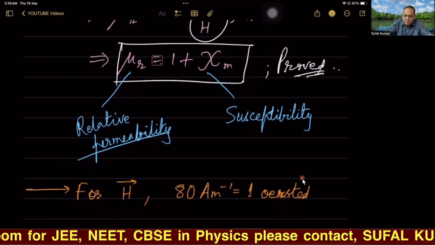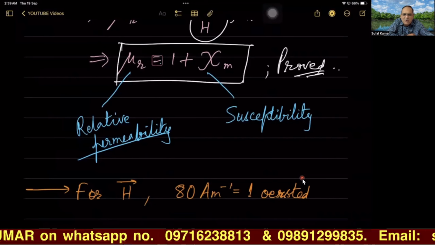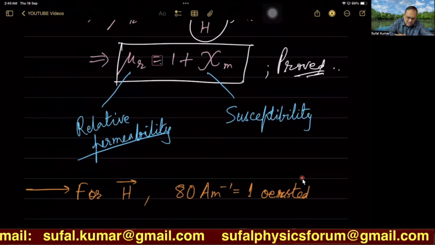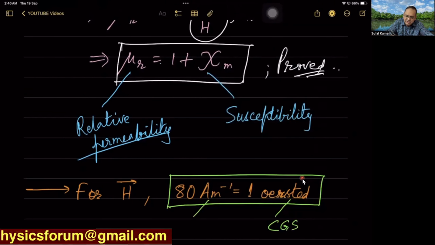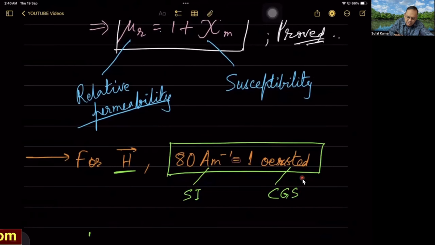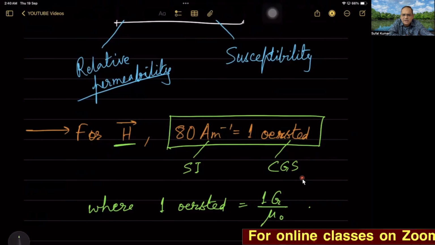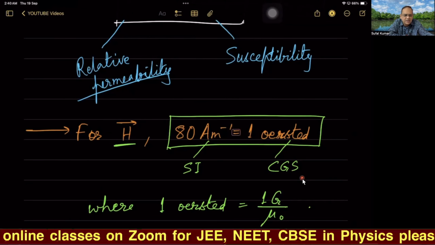And if you remember, oersted is the CGS unit for measuring H vector, that is magnetic intensity, and this is SI for H vector, where 1 oersted is equal to 1 Gauss upon mu naught. This way we have discussed one very important conversion factor related to H vector.